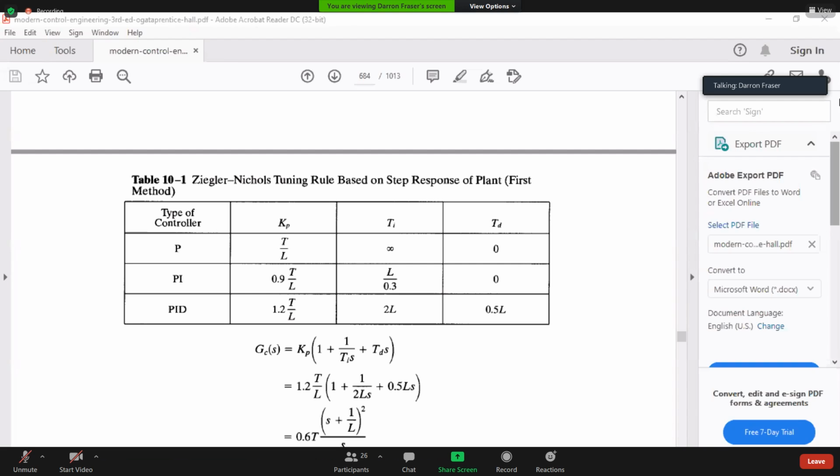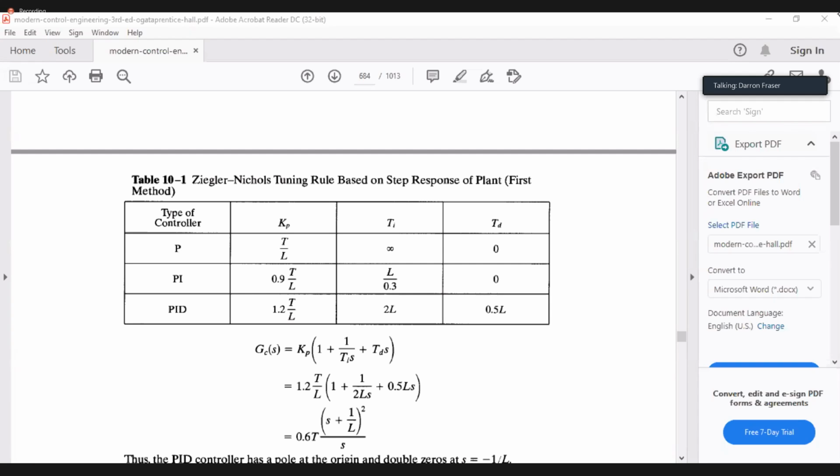So in our situation, L equals 2, T equals 3, K which we don't need equals 10.